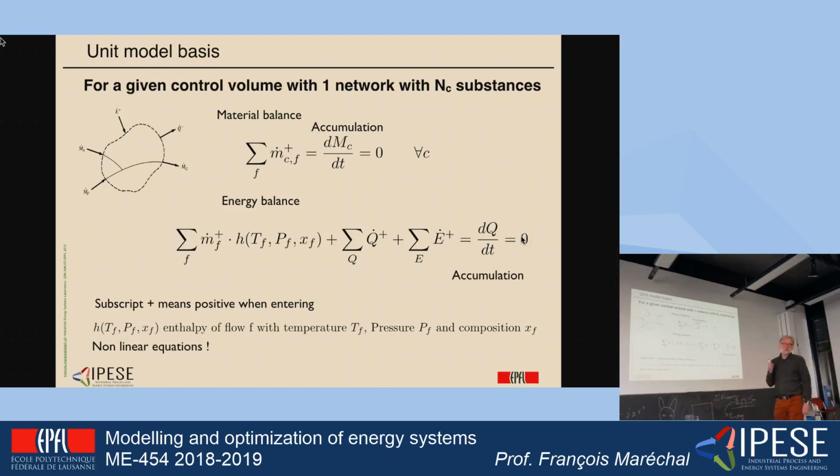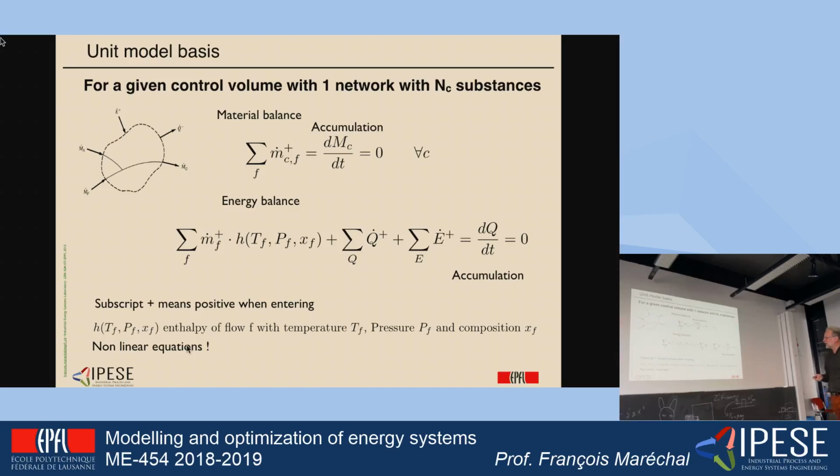The fact that we have to use the constitutive equations to calculate the enthalpy and to link the temperature, the pressure, and the composition with the enthalpy content to be able to write the energy flow means that those equations will be non-linear. Okay? So it's only in one case that it will be linear.